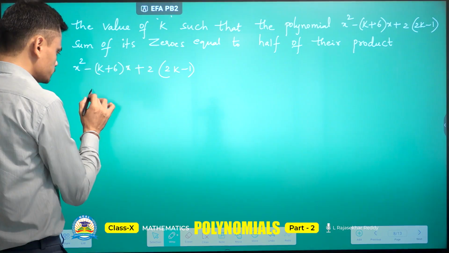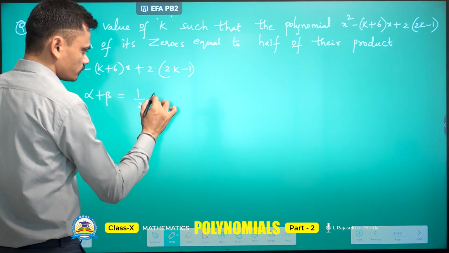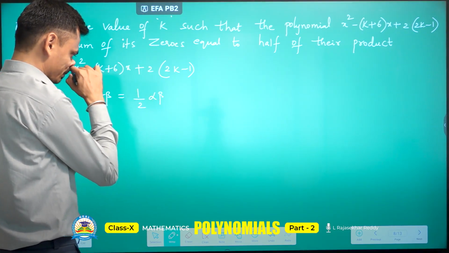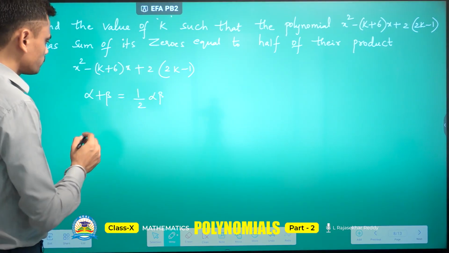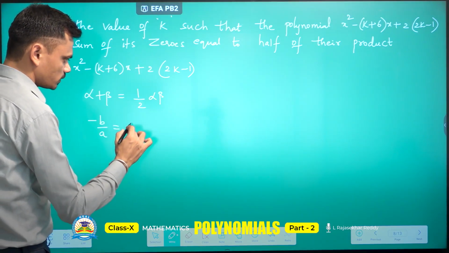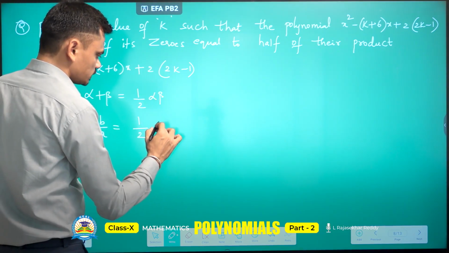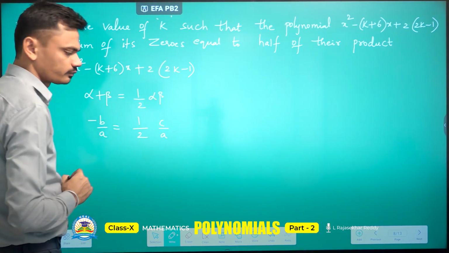So sum of its zeros, alpha plus beta, is equal to half of their product. Okay. Sum of zeros is nothing but minus b by a, equal to 1 by 2 into product c by a.